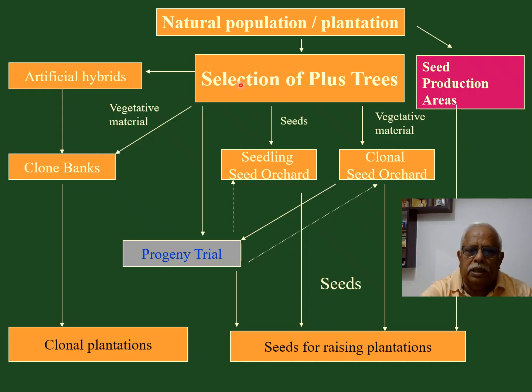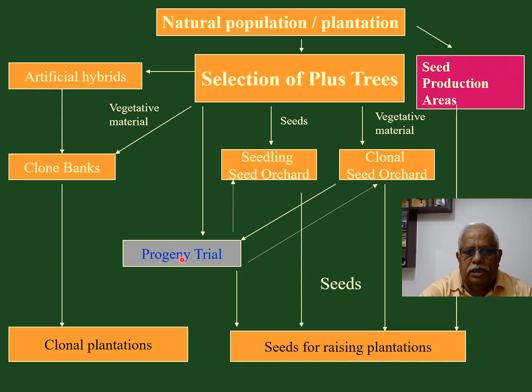In order to understand whether they are genetically superior or not, when we establish the seed orchard, simultaneously we establish a progeny trial. The progeny trial is something like a test plot, and the data we generate from the progeny trial we use for culling the inferior trees from the clonal seed orchard as well as the seedling seed orchard.